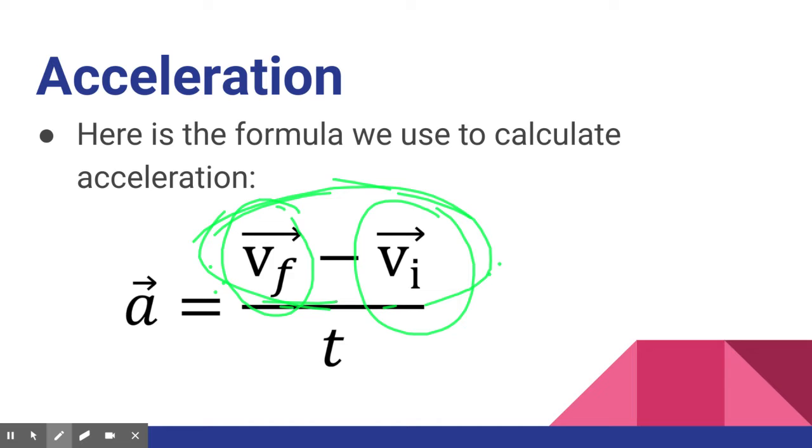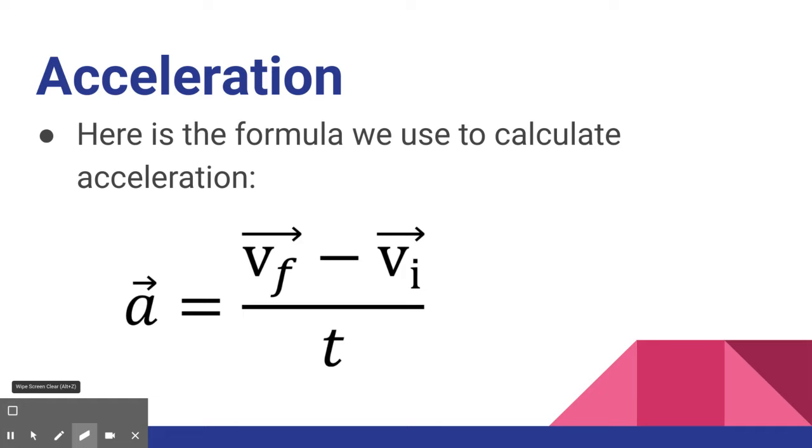Once you find the difference between your starting velocity and your ending velocity, how much time passed, or what was the time interval? How much time passed when you went from a particular velocity to another? Which makes sense. We're measuring the change in velocity.